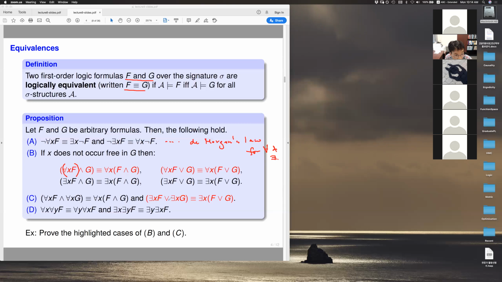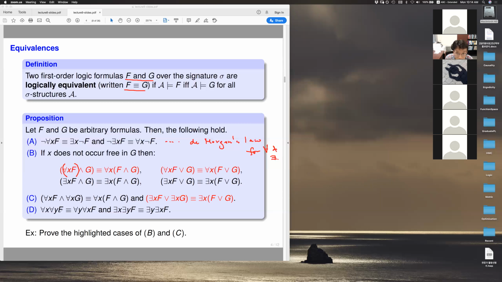That's why they're compatible with each other. The fourth talks about how we can change the order of quantifiers of the same kind without changing the meaning at all. Okay. De Morgan's law, moving something inside or outside the quantifications, grouping quantifications, and then changing the order. These are the four types of rules.